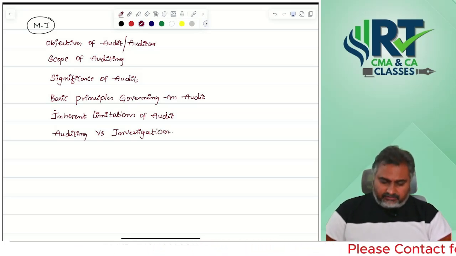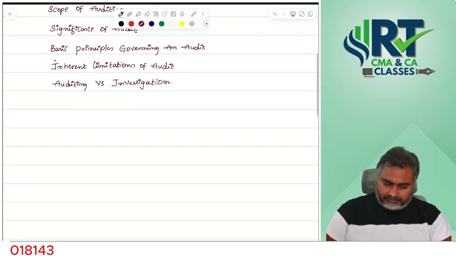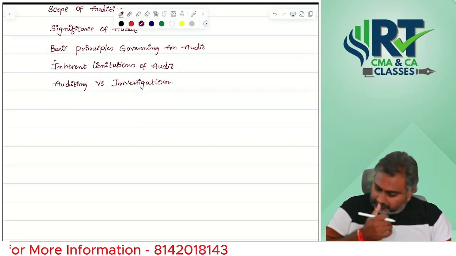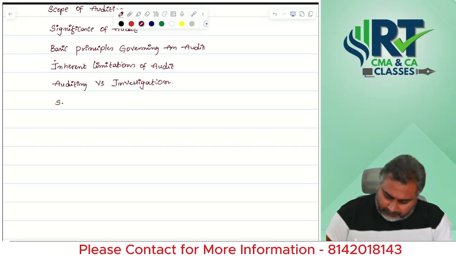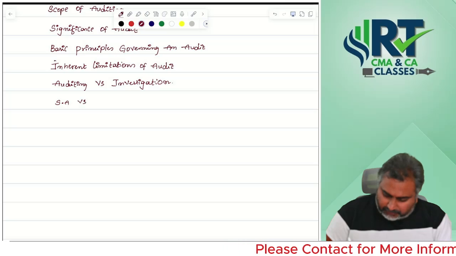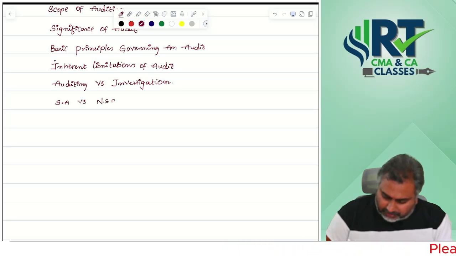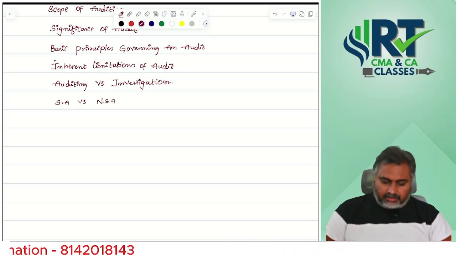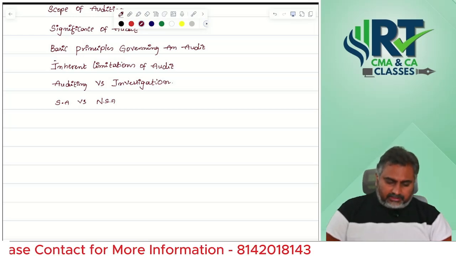Next, statutory audit versus non-statutory audit.